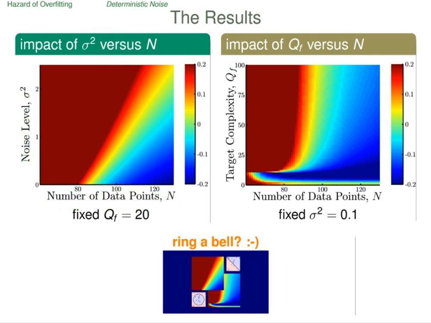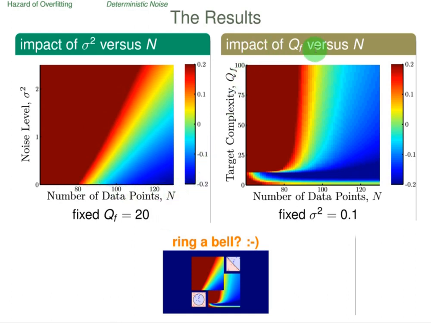In the first case, we see that the target complexity is fixed at the 20th order polynomial, and the noise level in the data is varied. The red region here corresponds to the overfit region, while the blue region is the non-overfit region, right? So as we can see here, as the noise level goes up, it is expected that our 20th order target polynomial starts overfitting.